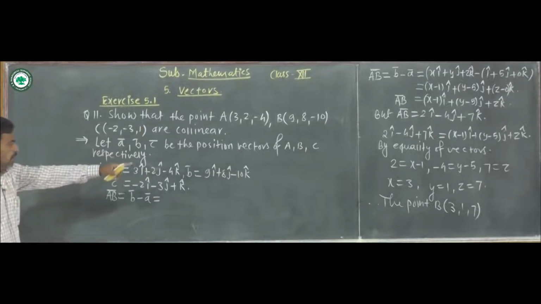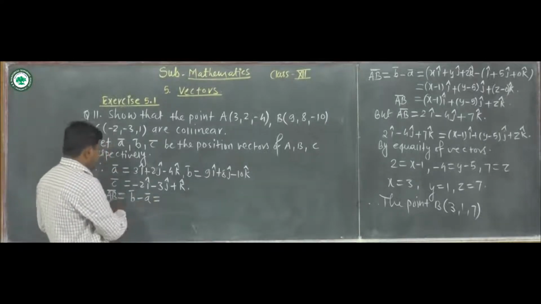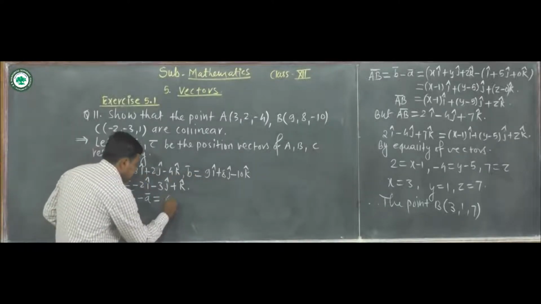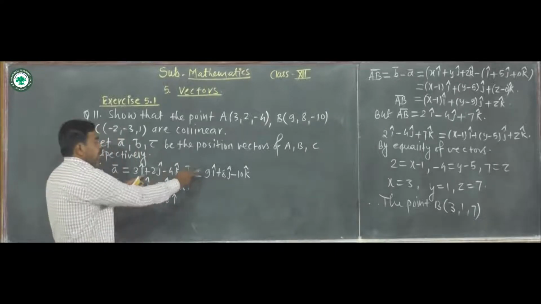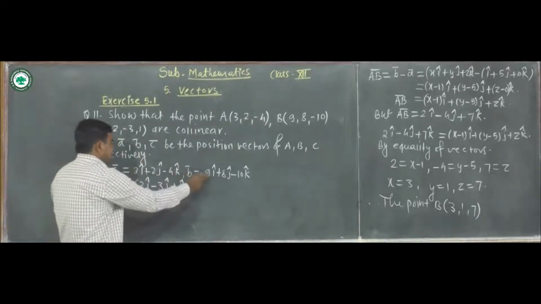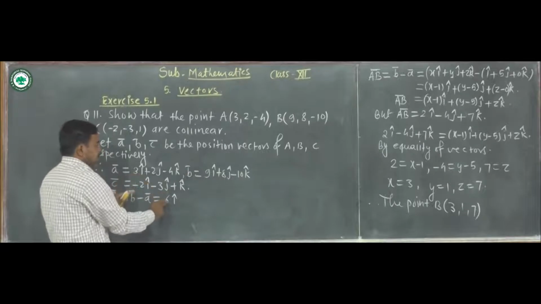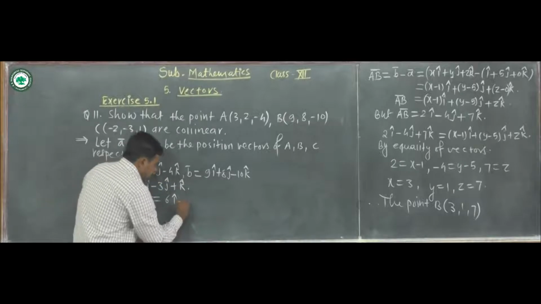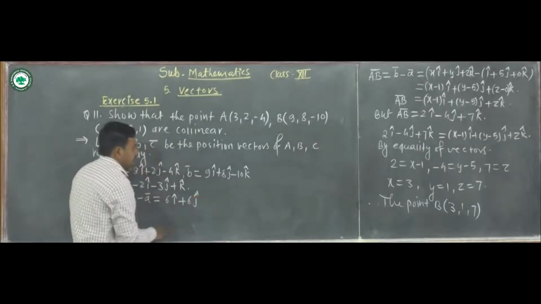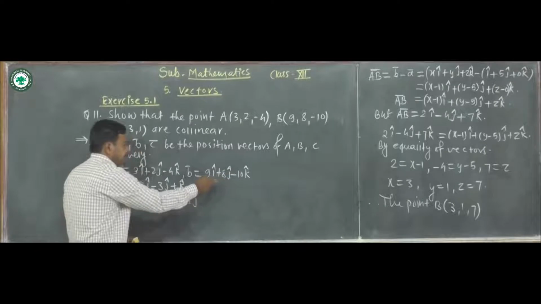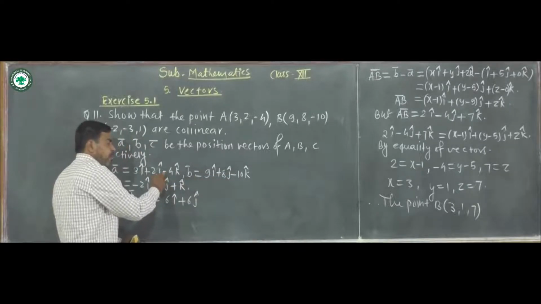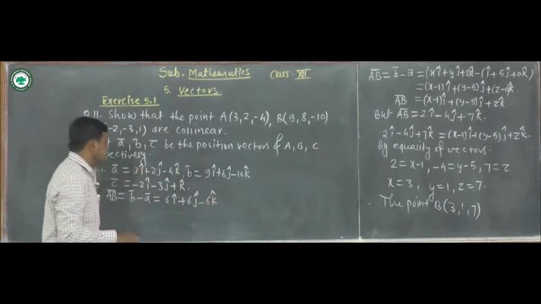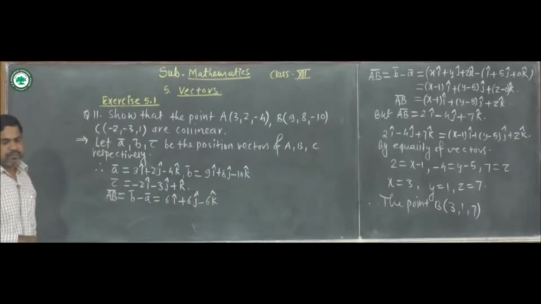So 9 i cap minus 3 i cap, 6 i cap. 8 j cap minus 2 j cap, 6 j cap. And minus 10 k cap, minus minus becomes plus 4 k cap, so it is minus 6 k cap. This is your AB bar.